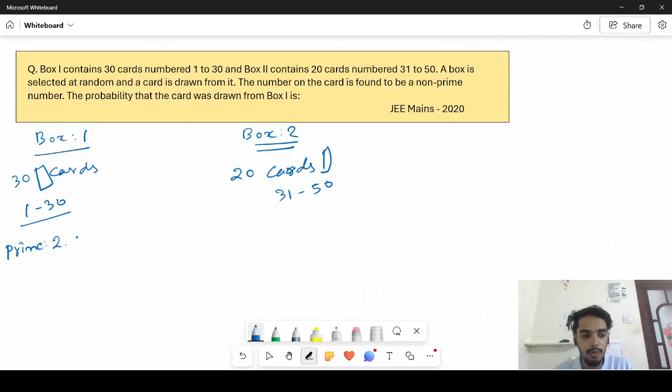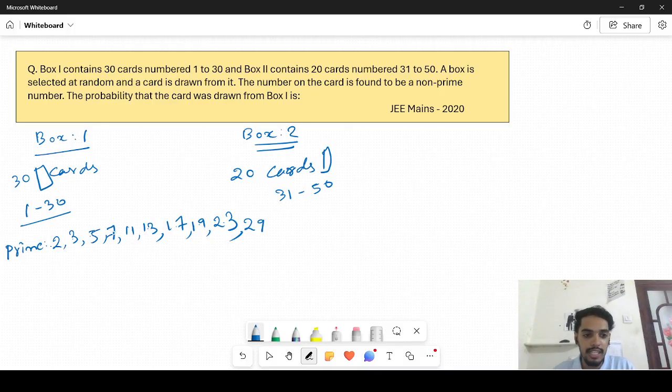We will have 2, 3, 5, then 7, 8 is not there, 9, 10 no, 11, 13, then 17, 18 no, 19 yes, 21 no, 22 no, 23. So how many? 1, 2, 3, 4, 5, 6, 7, 8, 9 with 23, then 29 will also be there.